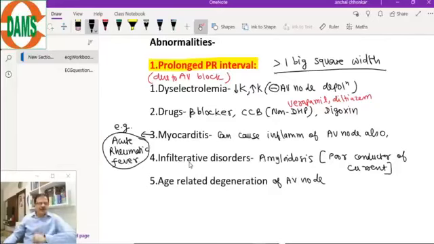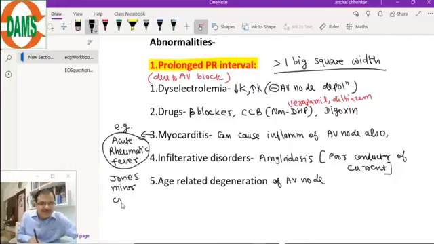Now correlate. All of you must have read Jones criteria of rheumatic fever, and in the Jones criteria of rheumatic fever, one of the criteria was PR interval prolonged. Minor criteria, Jones minor criteria. This is the reason for the Jones minor criteria in the acute rheumatic fever.